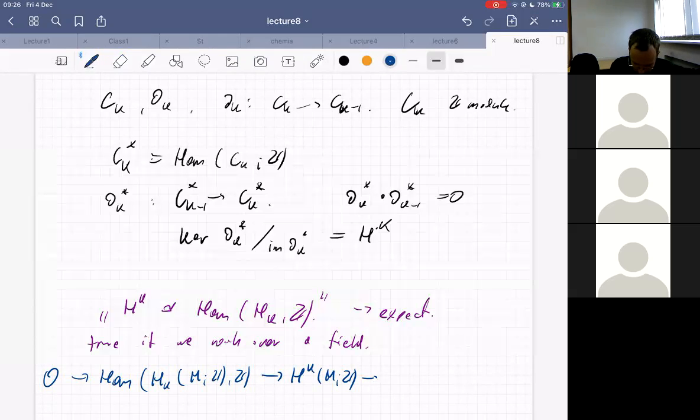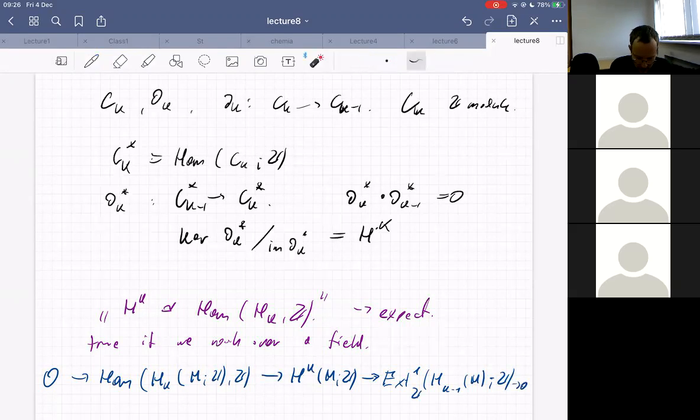An object that you don't need to know what it is, it's Ext^1 of H_{k-1}(M, Z), then 0. So this is a short exact sequence, but this object depends only on H_{k-1}, so just ignore it. This object will be 0 in our setting.